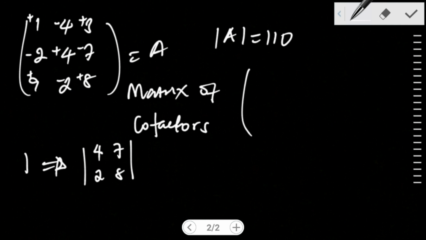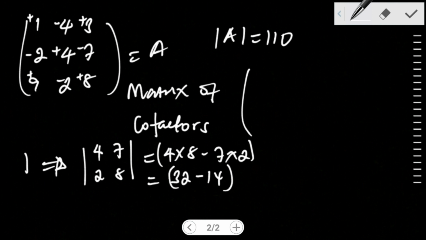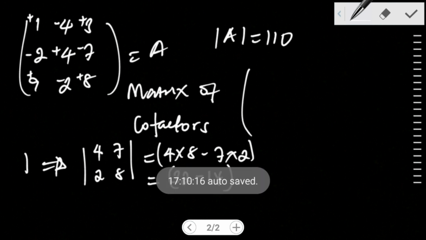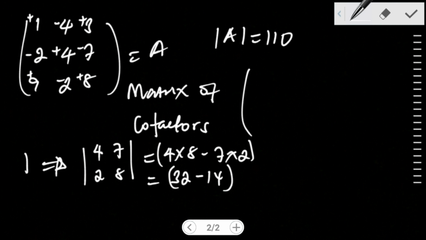This is going to be 4 times 8 minus 7 times 2, so we are going to get 32 minus 14, which gives 18.